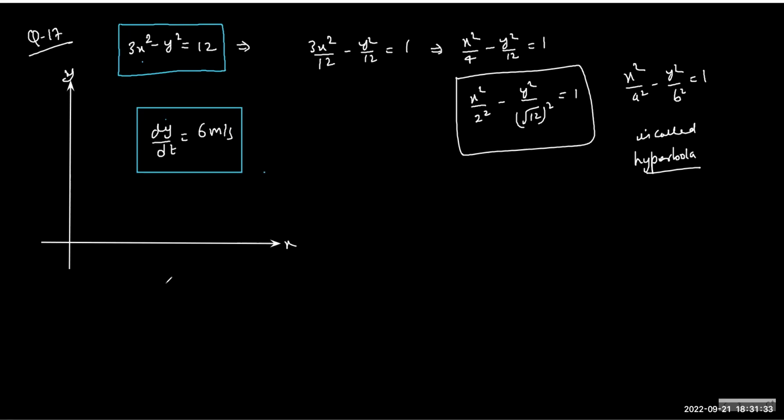Find dV by dS when r is 3. But they're asking the change of volume with total surface area, dV by dS, right?